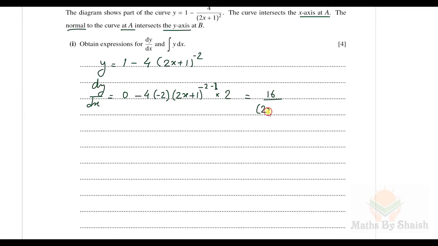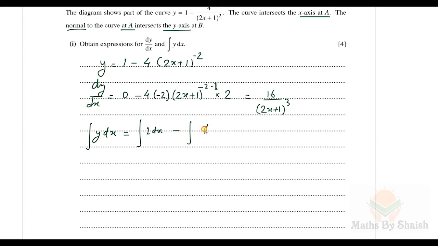Now let's find the integration of this. So it would be integration of 1, and I'm doing the other part separately, minus 4 times (2x plus 1) to the power minus 2 dx.